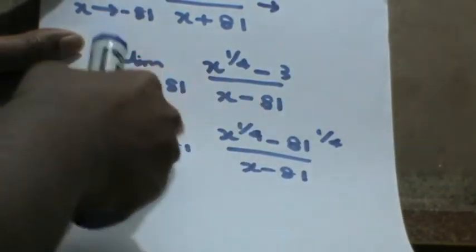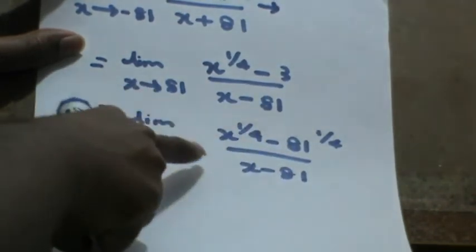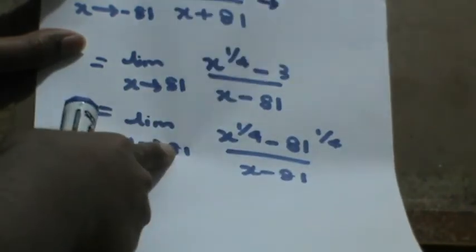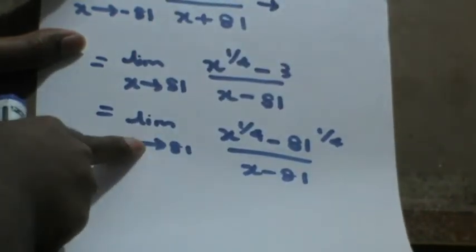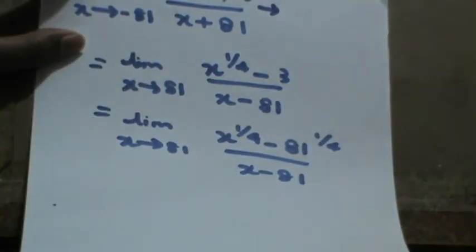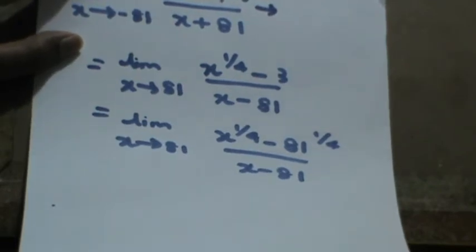We have two minus signs. This value is the same as this value, and this value is on the left side of the theorem. We know the value of n and we know the value of a, so we can directly substitute the values.